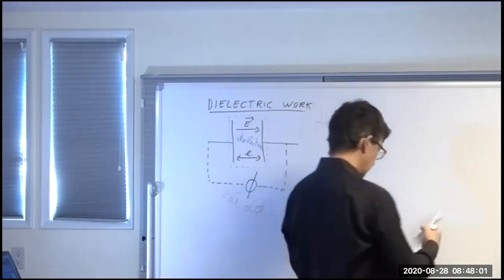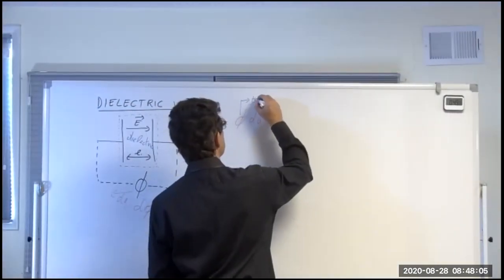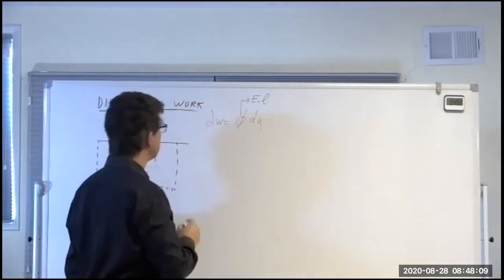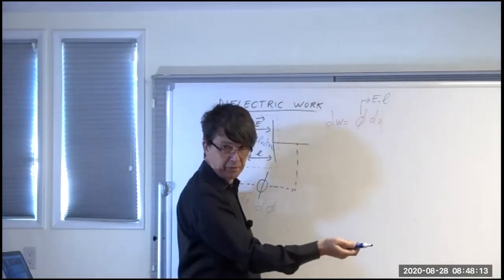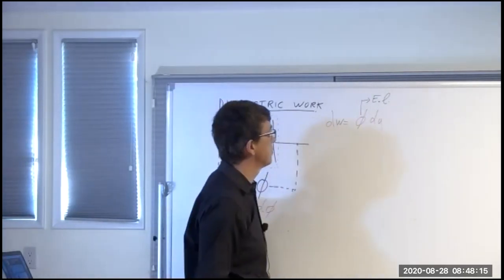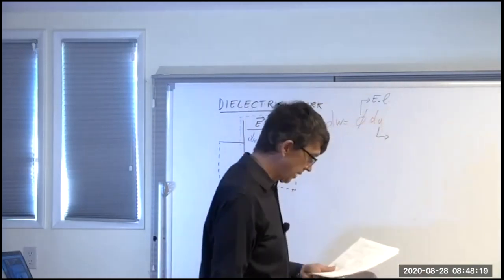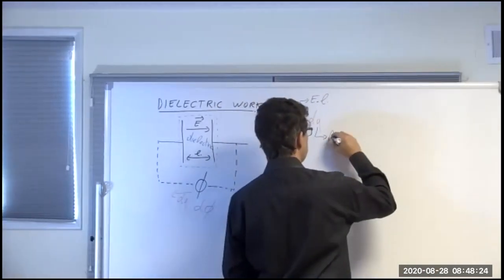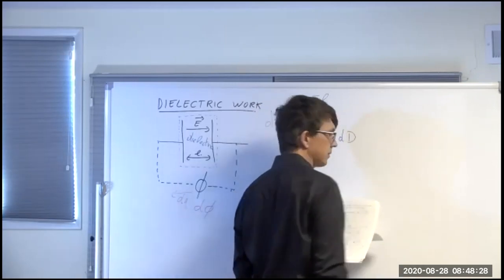So if I translate what these are, this here is the electric field times the length over which it operates. Potential is the integral of the electric field over length. So here that's just E times L. Charge, in capacitor language, is the area times the change in what's called the displacement, D.